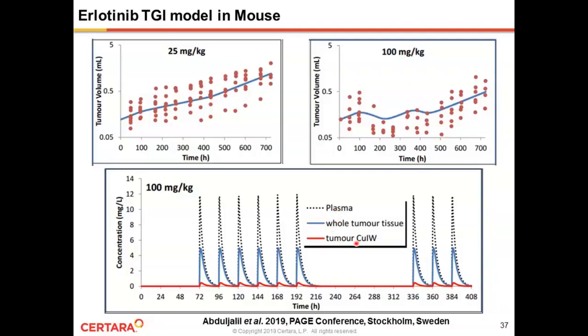So as you can see, it's a fairly mechanistic model wherein you are looking at the concentration of the drug in the different compartments of the tumor, such as the intracellular as well as the extracellular water, etc.